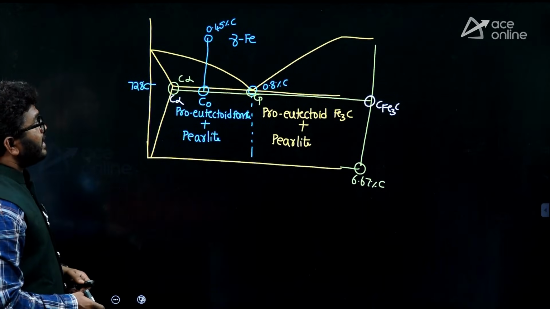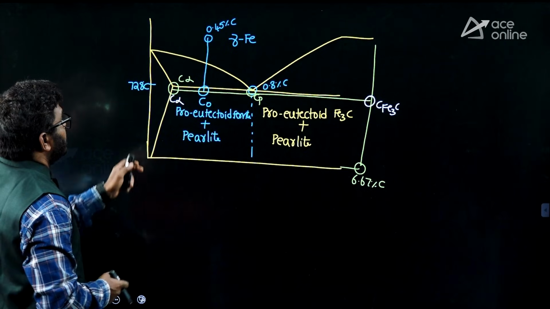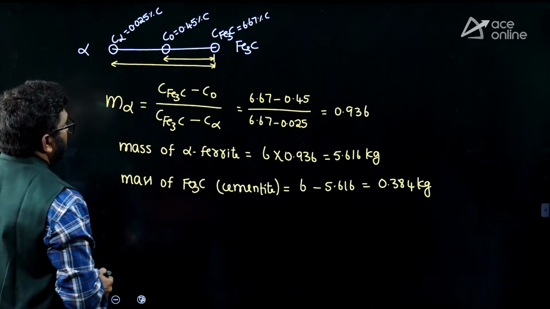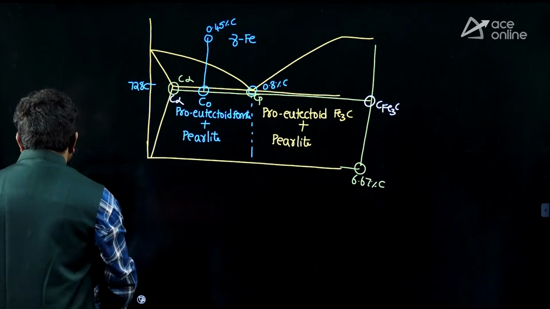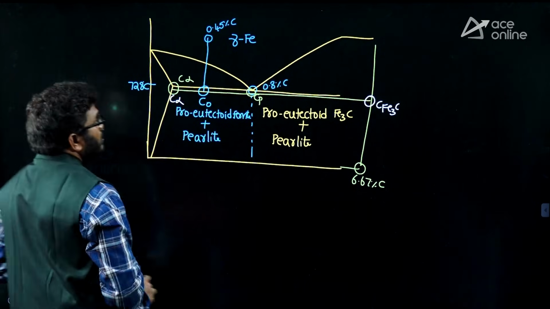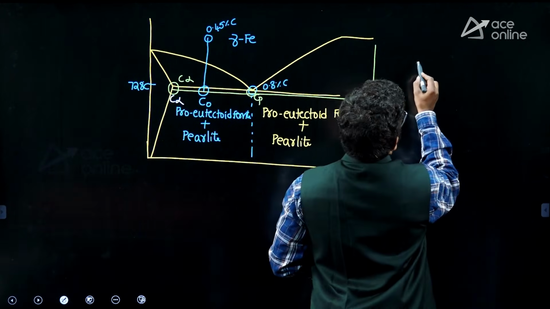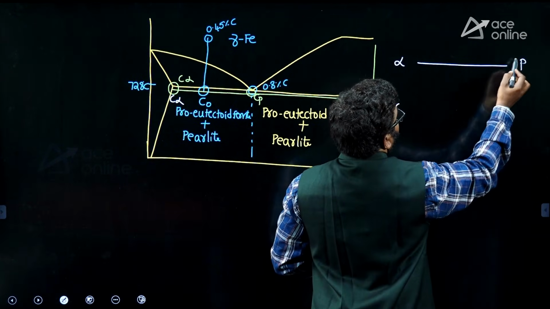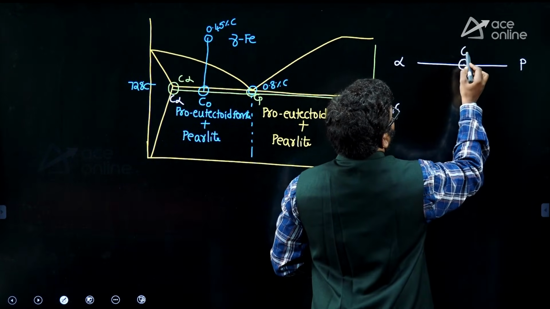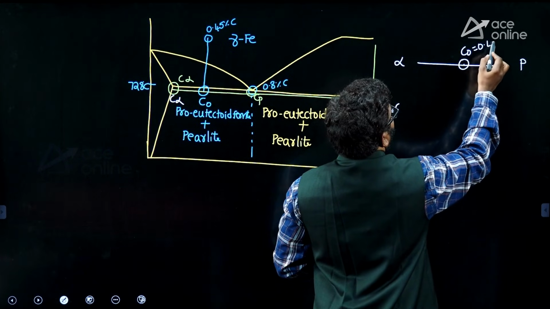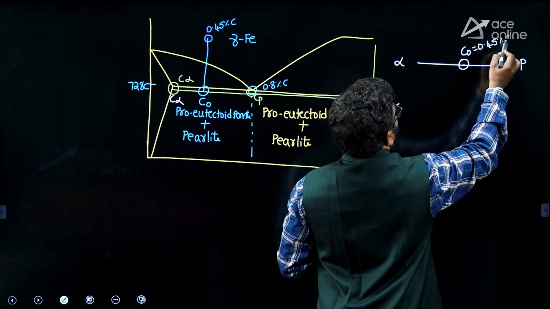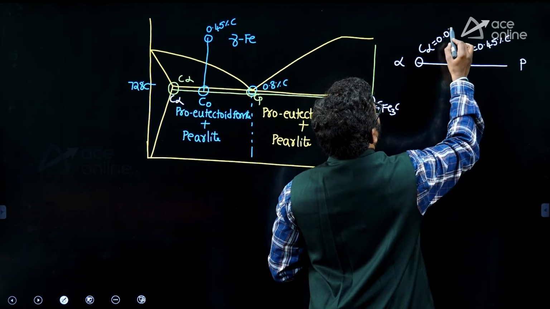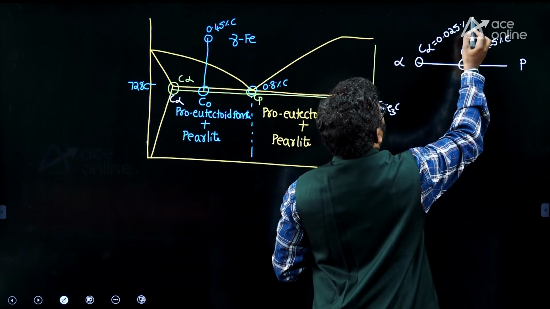Now see here, perlite and proeutectoid phase, if I want to calculate, this is the lever line. I'll consider the space here only. So this is alpha, this is perlite. Here C naught is equal to 0.45% of carbon. C alpha is equal to 0.025% of carbon.